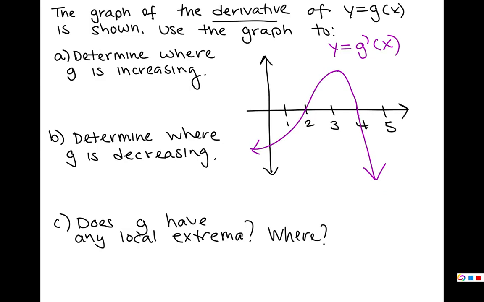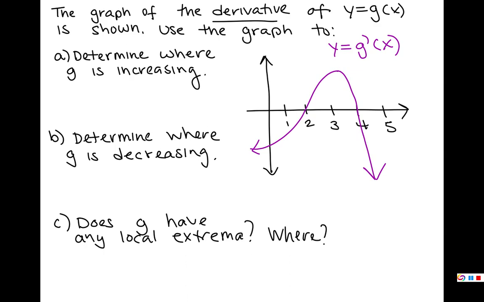All right, my next example is a little bit different, more of a thinking problem. In this problem, we're given the graph of the derivative of a function. So what I have graphed is y equals g prime of x. Again, this is not function g, this is a graph of its derivative. And so what's been plotted on the y-axis here are actually slopes.